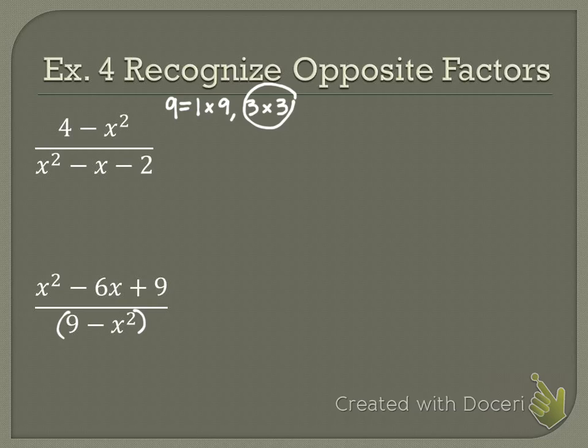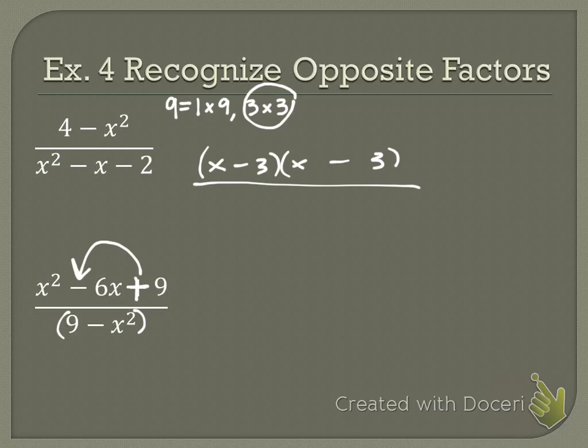So I've got, now on my new numerator, x and x, 3 and 3. And what do my signs have to be? Minus, minus. Very good, because I know anytime this is a plus, my signs are either going to be plus, plus, or minus, minus. So I look to this term right here. If it's a minus, they're minus, minus. So that's exactly what I did.